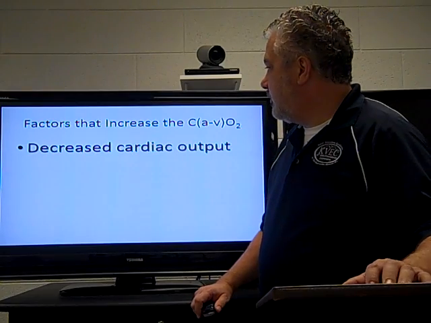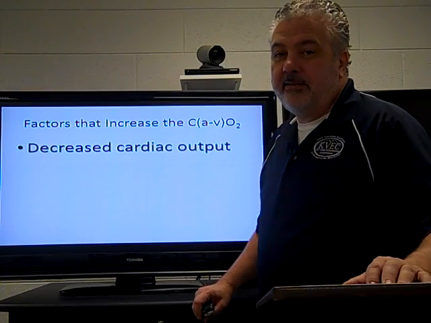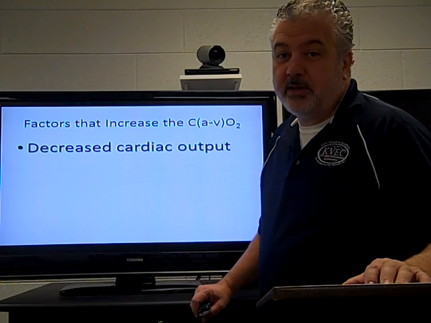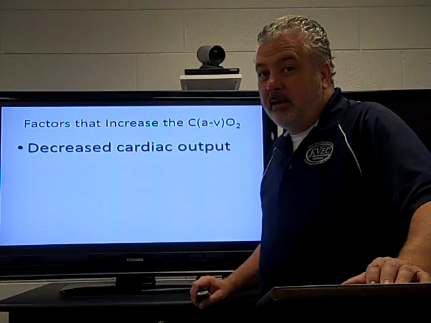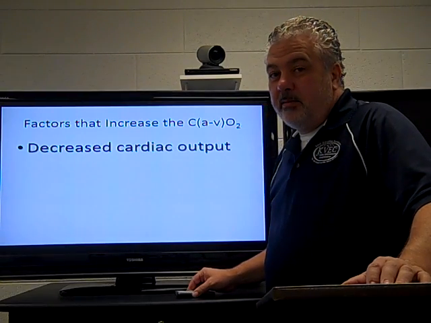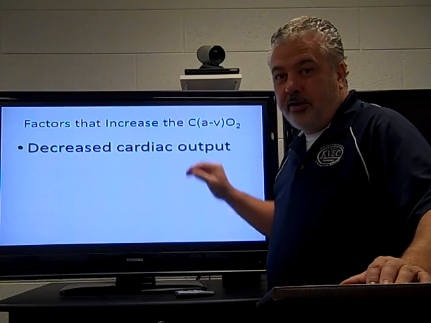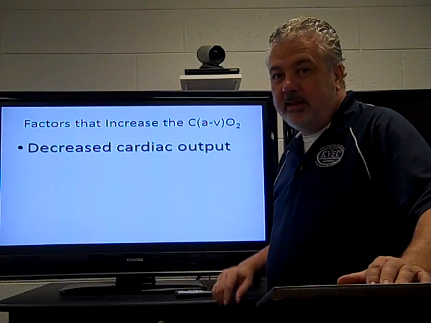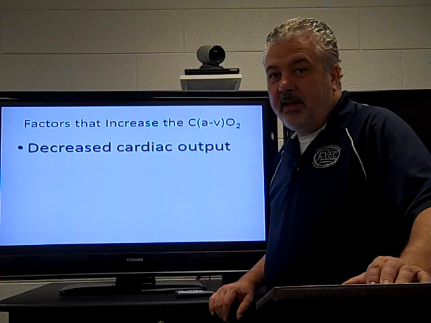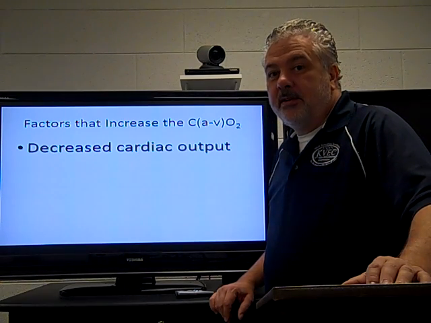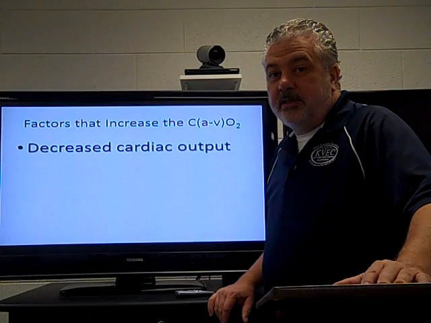Factors that would increase CaVO2. This is a really important point. I want to stress this and prioritize this particular factor as the one main thing that increases AV difference. If I see an increase in AV difference, then I'm thinking decreased cardiac output.